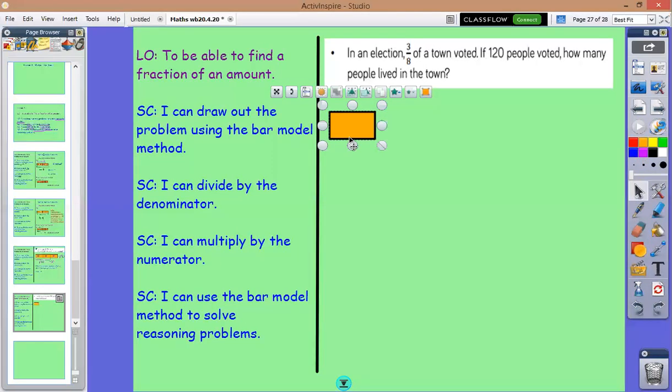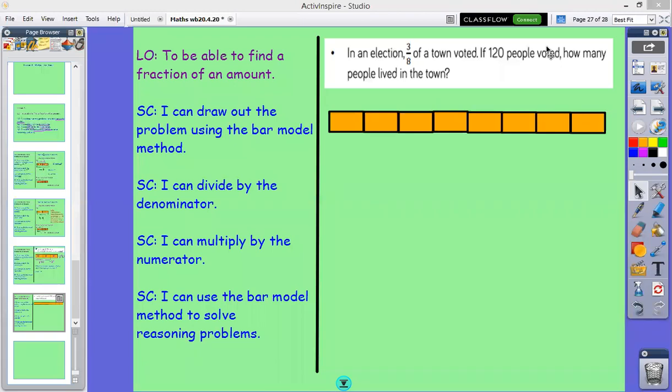This might take a little bit longer, so I'm just going to pause the video whilst I do this for you. Okay, so I've drawn my 8 boxes here. We'll just count them: 1, 2, 3, 4, 5, 6, 7, 8. Perfect. Okay, so in an election, 3/8 of a town voted.